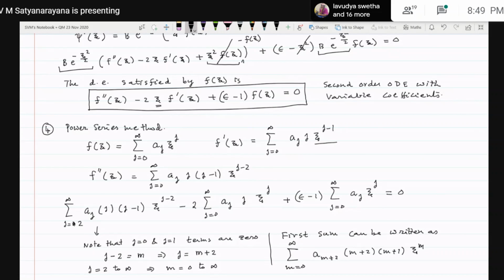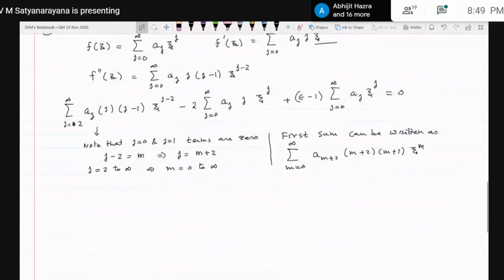Remember, this m is just a dummy index because m is running from 0 to infinity. So I could rewrite this equation. Instead of m, I can as well call that j itself. The only thing is that now it is xi to the power m.